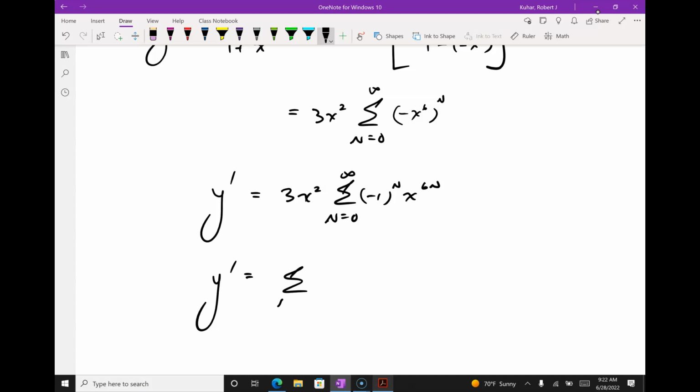But this is important: when I'm integrating, I don't care about the coefficients. When I'm integrating, the coefficients go for the ride. When I'm differentiating, the coefficients go for the ride. So I know I need to get back to y, so I need to integrate here.